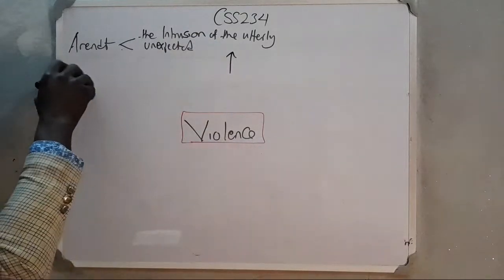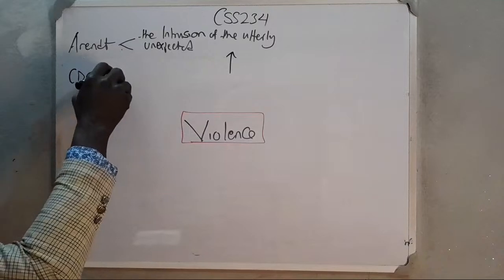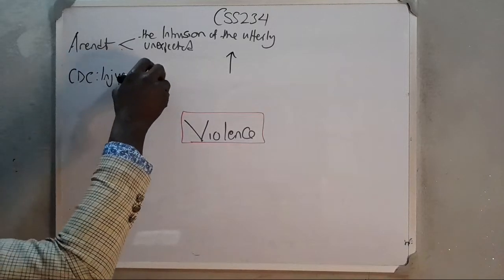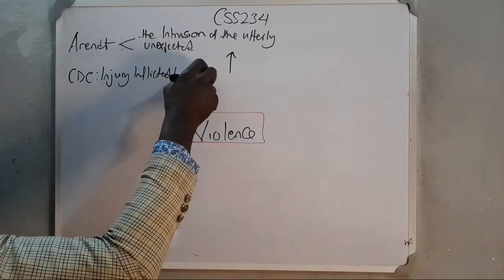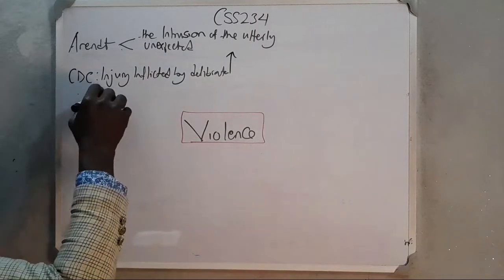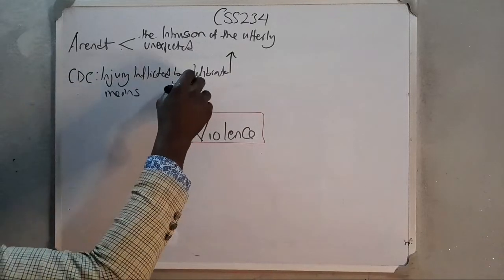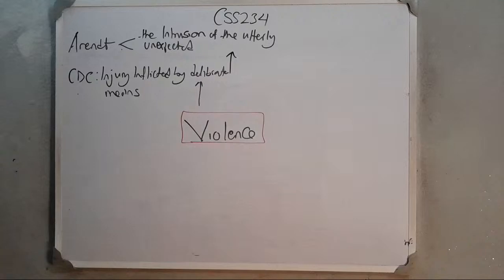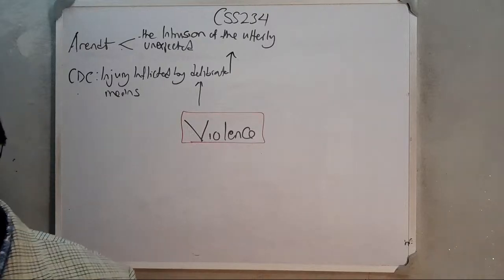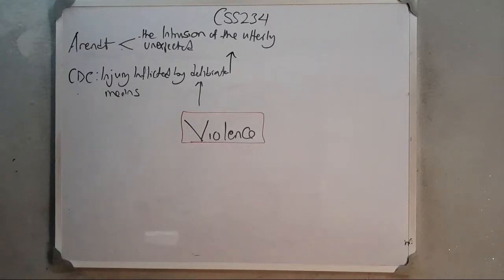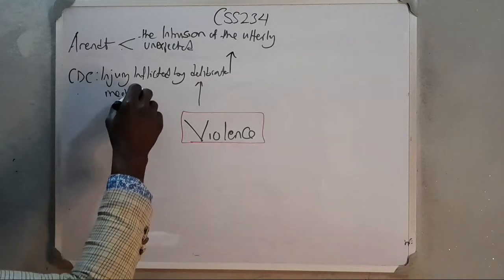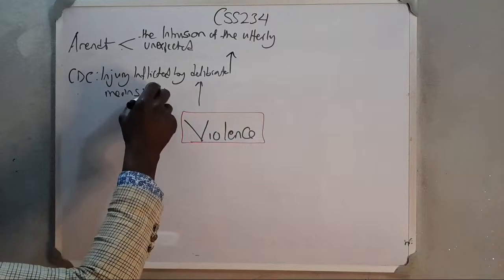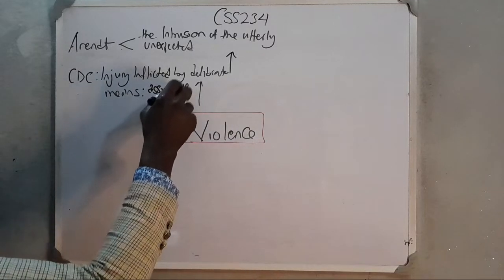That's the CDC: injury inflicted by deliberate means, which includes assault as well as legal intervention and self-harm. According to the CDC, it includes assault and self-harm.